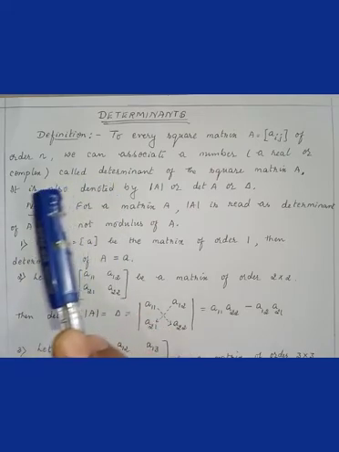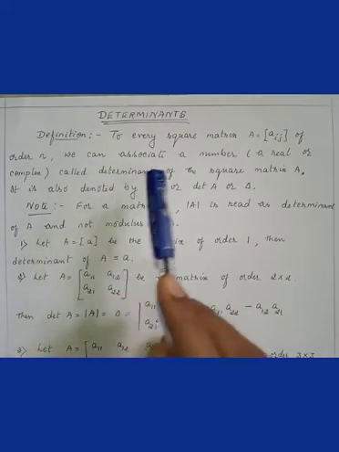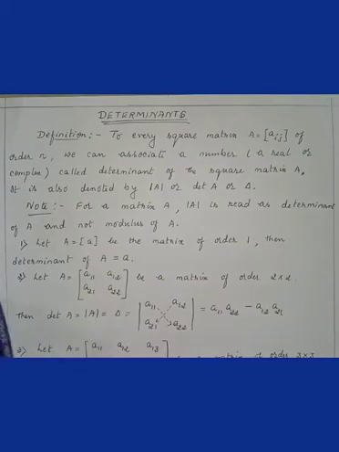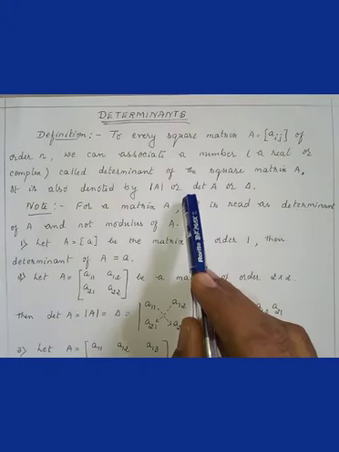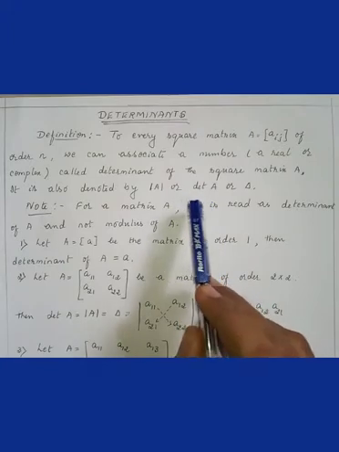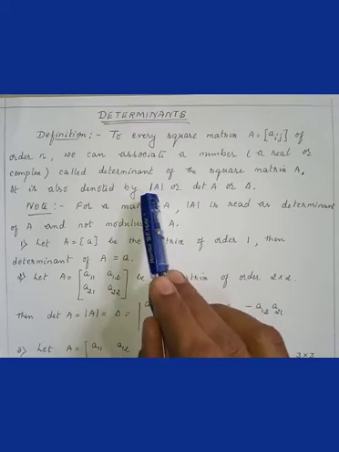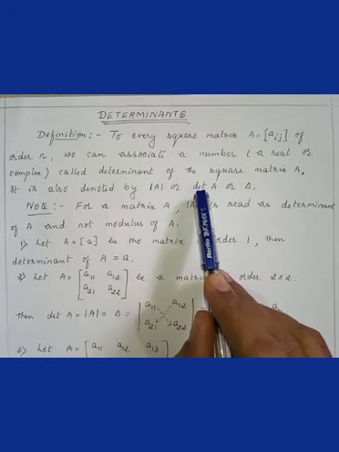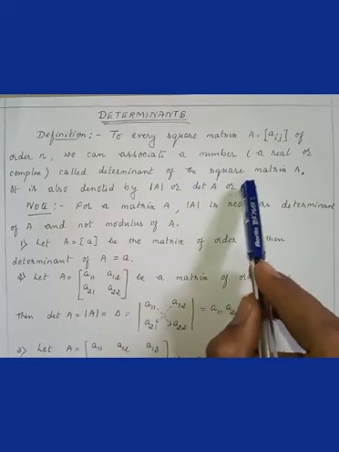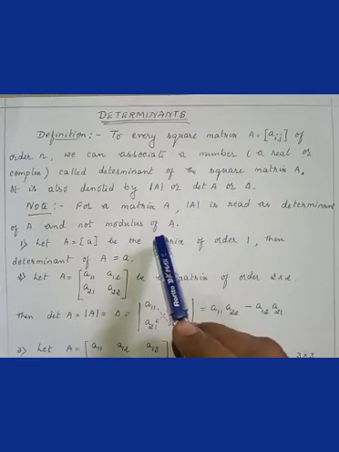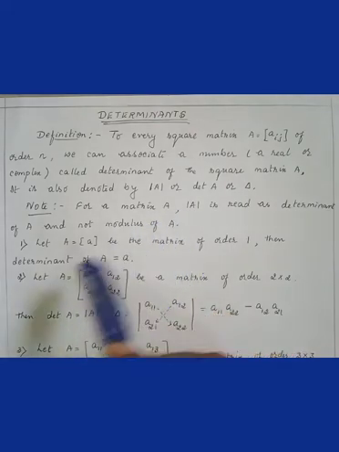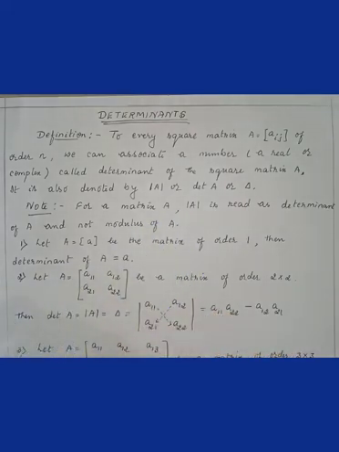That number is called the determinant of the square matrix A. It is denoted by writing the matrix name between two straight lines, or as determinant A, or with one more symbol, the triangle, which we call delta. These are the notations for the determinant of a matrix.